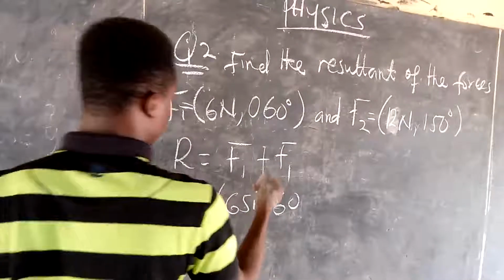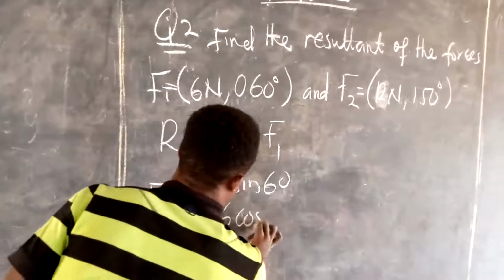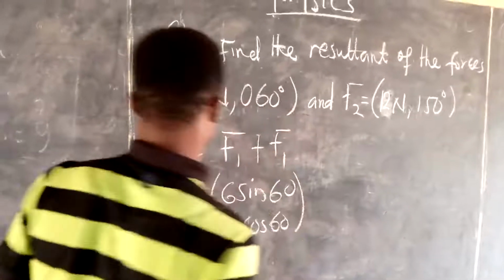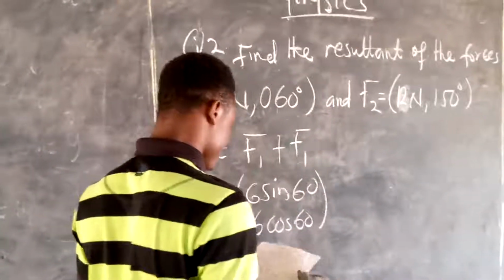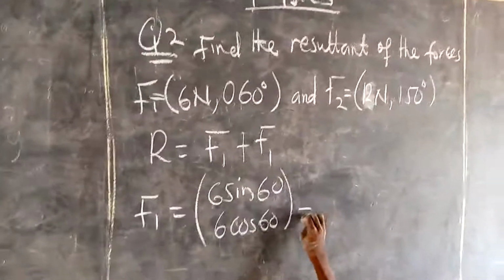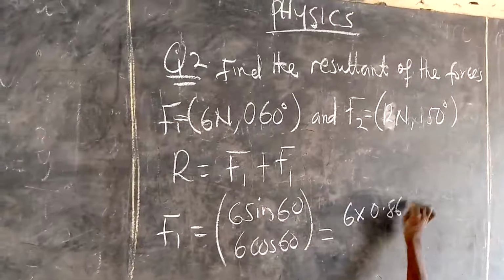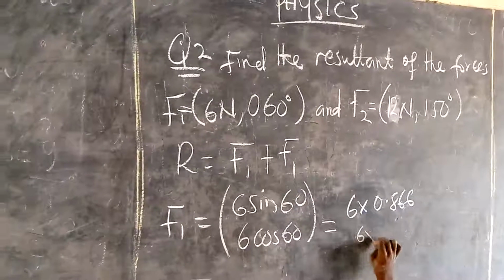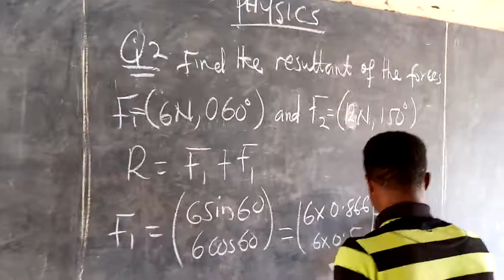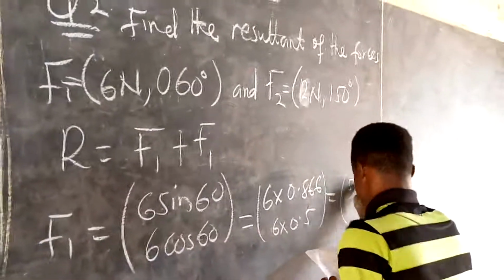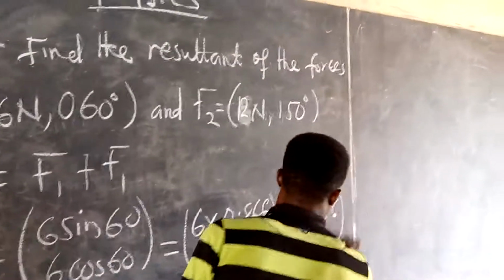And to get our y component, 6 cos the angle. So when you punch this in your calculator, you get 6 times 0.866, and then 6 times 0.5, which is equal to 5.196, and then 3.